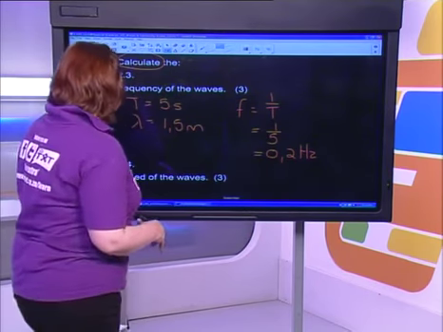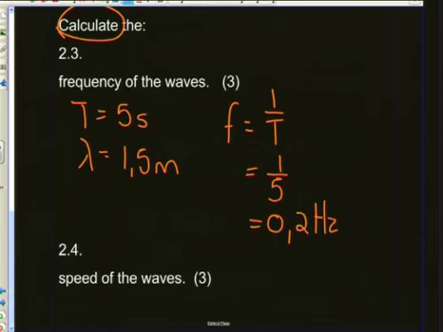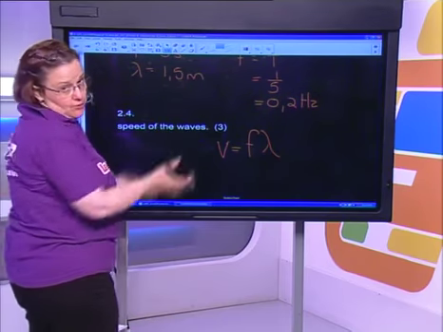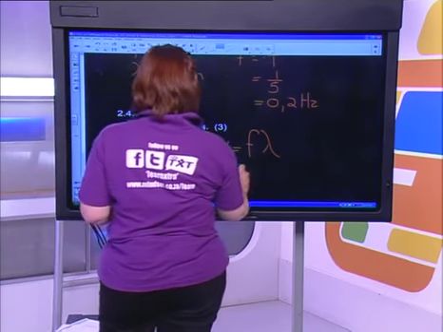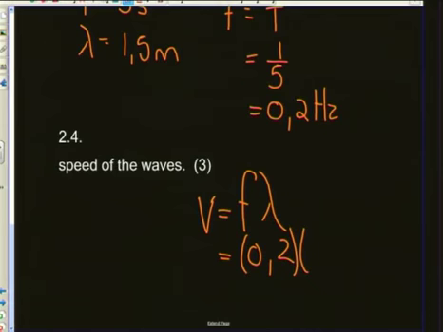All right. Now they ask you for the speed of the wave. And we go, okay, that's actually a nice question, because we know that this wave equation says to us that the speed of a wave is frequency times wavelength. That's why we had to work out frequency in the last question. So that's 0.2. My wavelength is 1,5. So we go back to our calculator, okay?